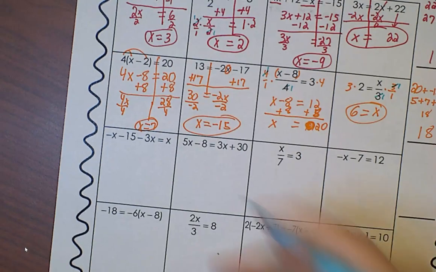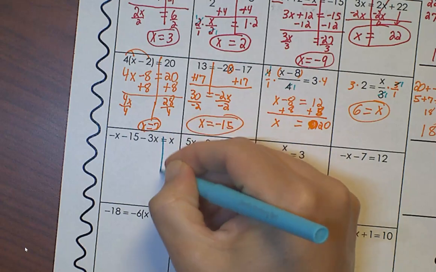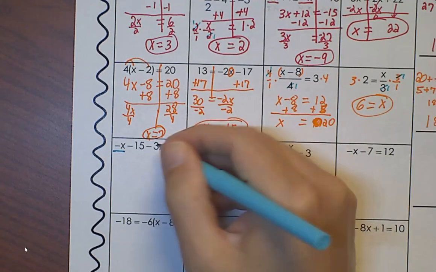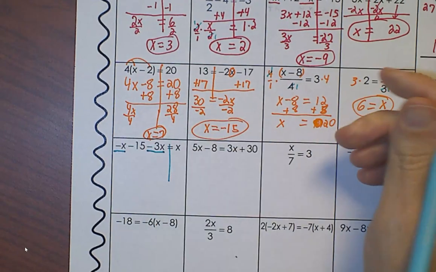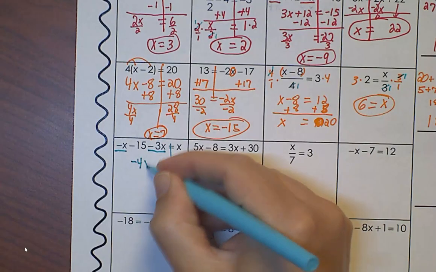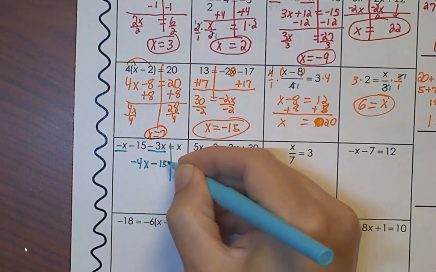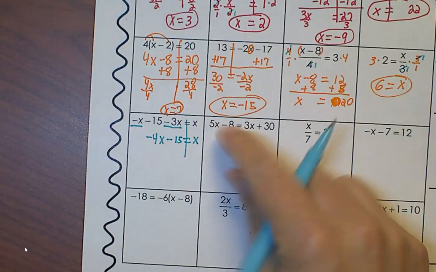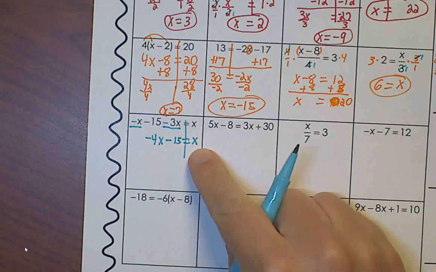Okay, this one we've got a lot of work to do. Okay, so we're going to be combining because they're on the same side. Okay, me personally, there's 2 terms over here and there's 1 term over here.